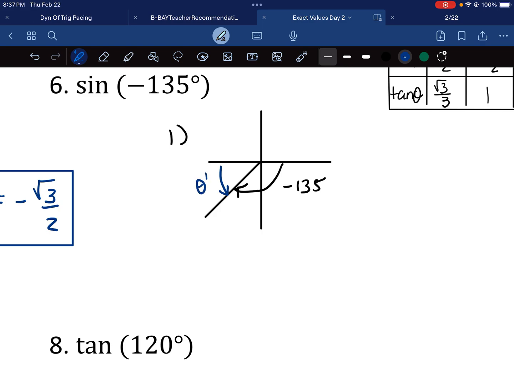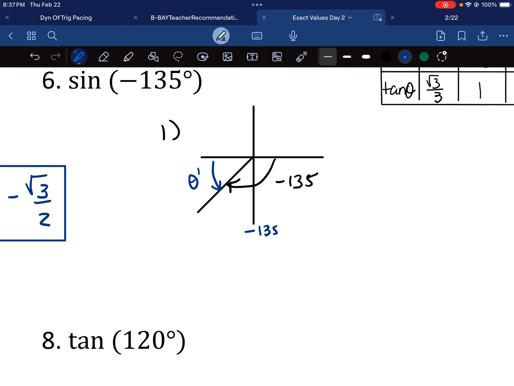I want to know how far away this is from the x-axis. So a good way to do that is think about what is the positive coterminal angle. Negative 135 plus 360 is going to get me 225 degrees.